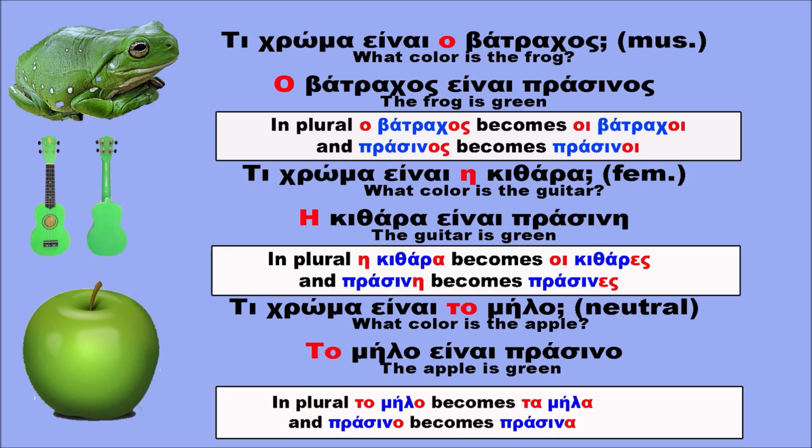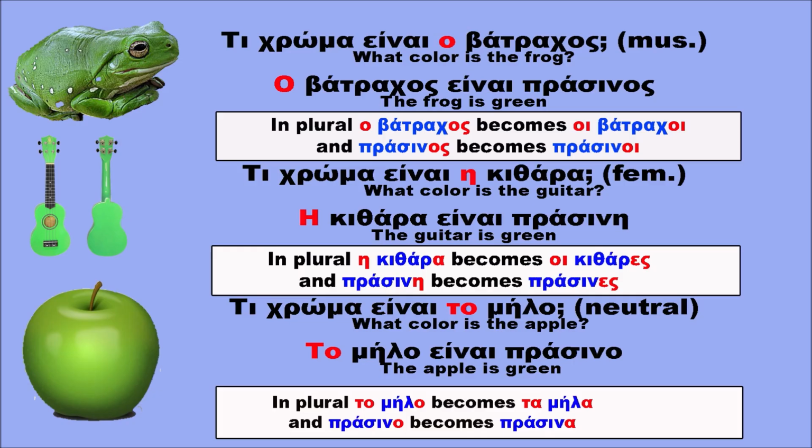The η in singular becomes οι in plural, and the α in singular becomes ες in plural. And πράσινη becomes πράσινες. The η becomes ες in plural.